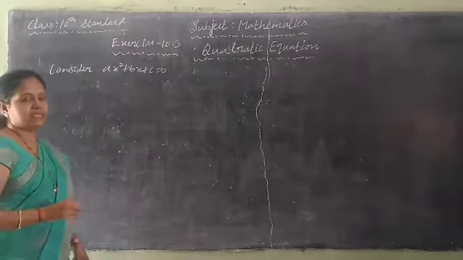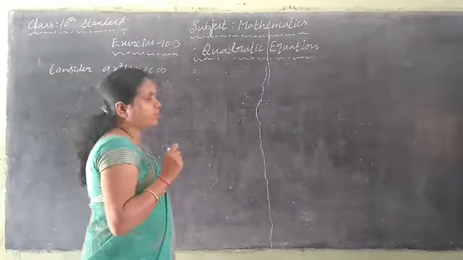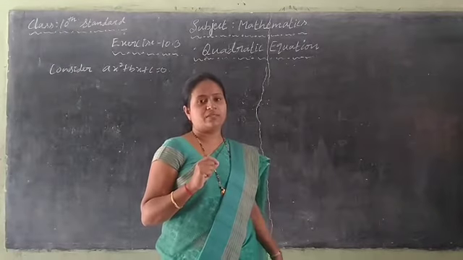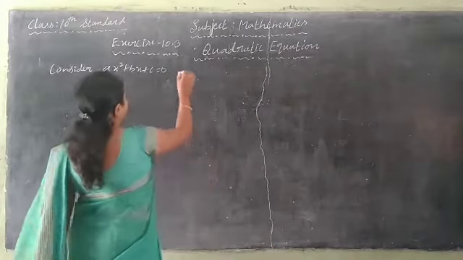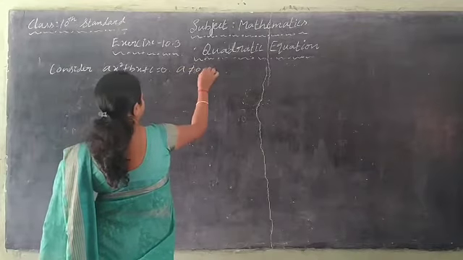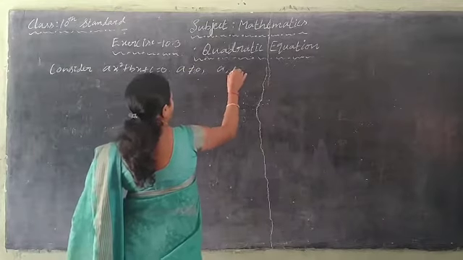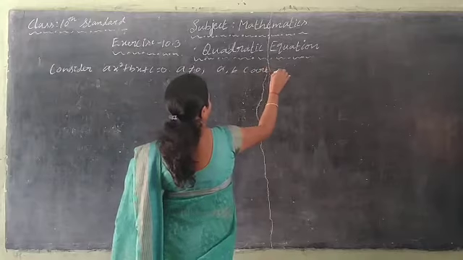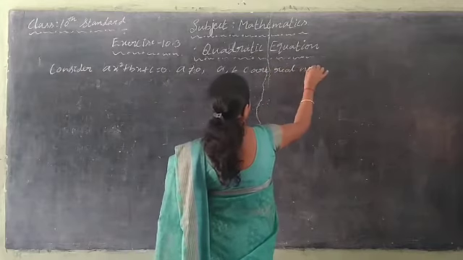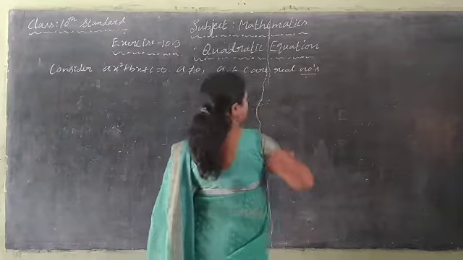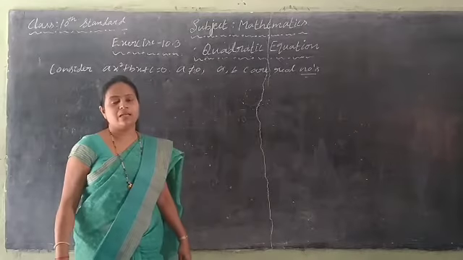You know that, isn't it? This is the general form of quadratic equation, where a should not be equal to 0, children. a, b, c are real numbers. You know about this, isn't it? I have told you already. a, b, c are real numbers.